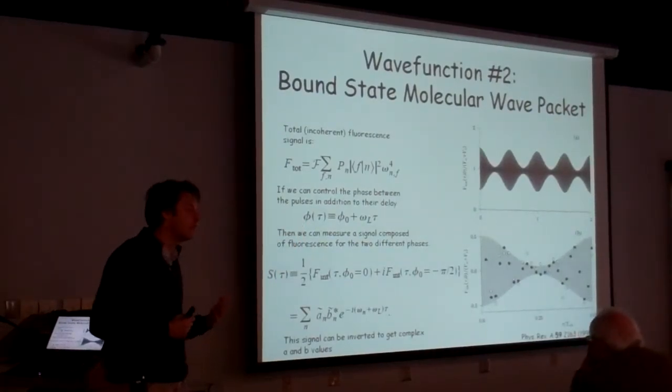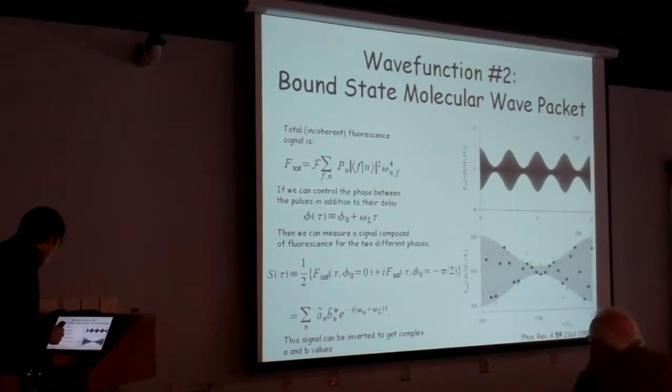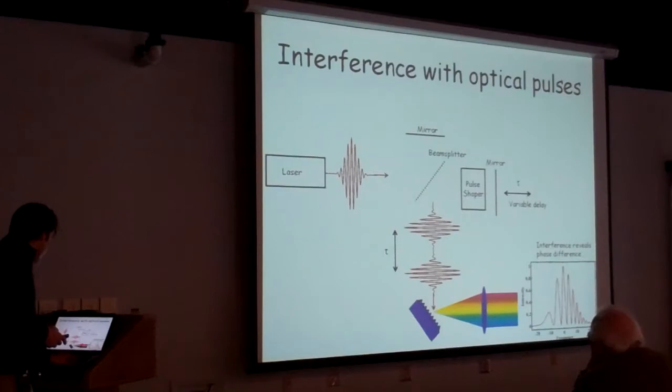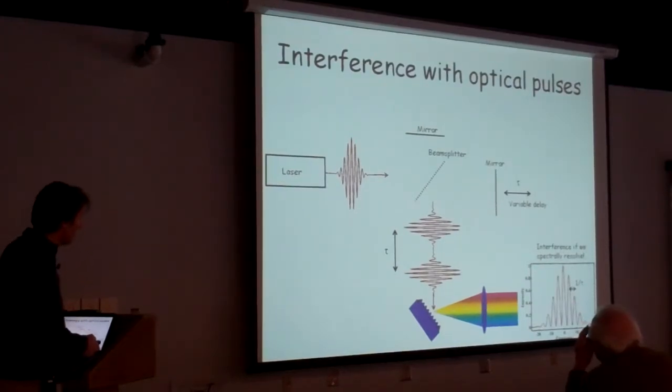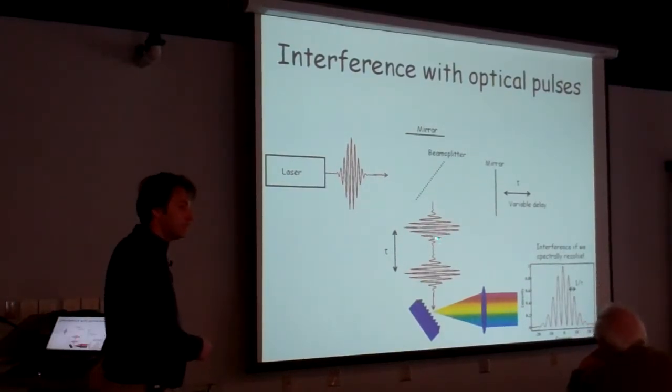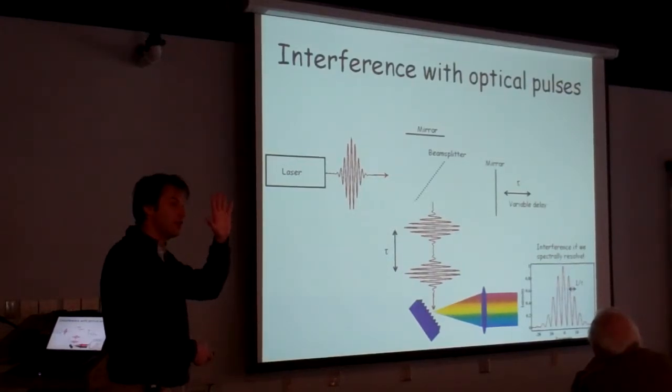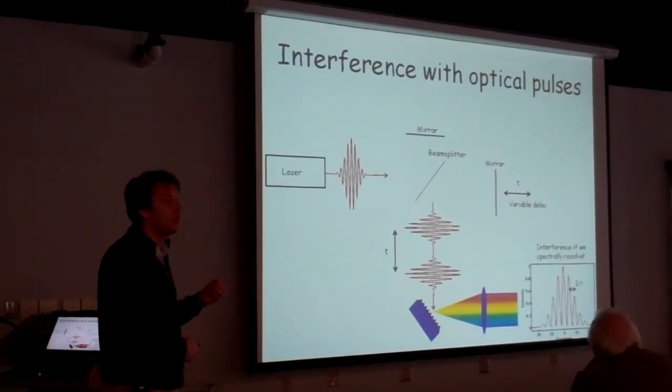And it's the same idea that comes about from this measurement here. So if I take two pulses and I excite some system, I get spectral modulations. So you see that there's information. If I go on and shine this onto some absorber, and I do it for a range of delays, and I measure the absorption, I'm basically scanning out the fringes in the frequency domain. And so I'm making essentially a frequency-resolved measurement without using a spectrometer.